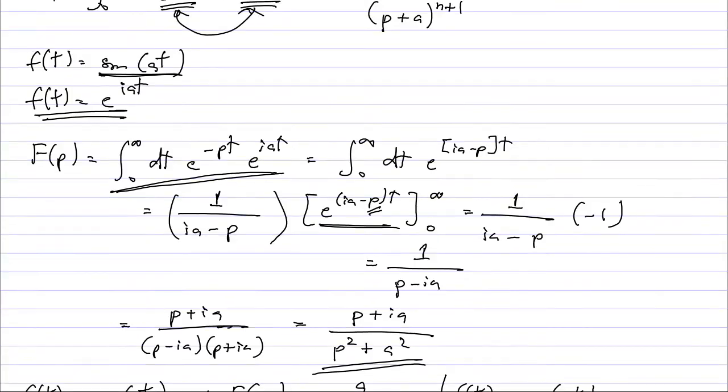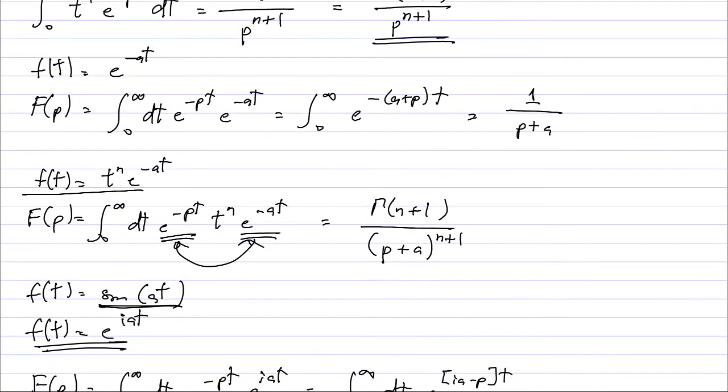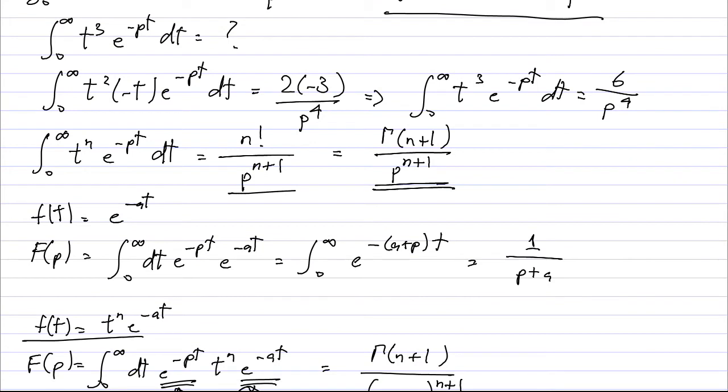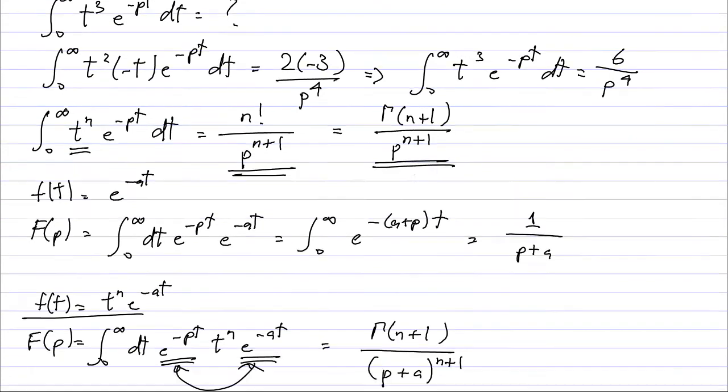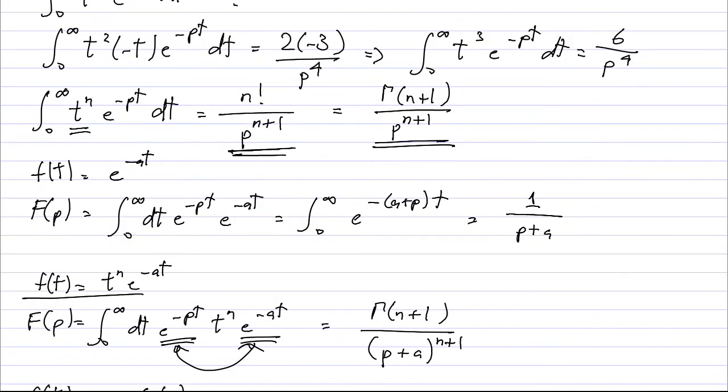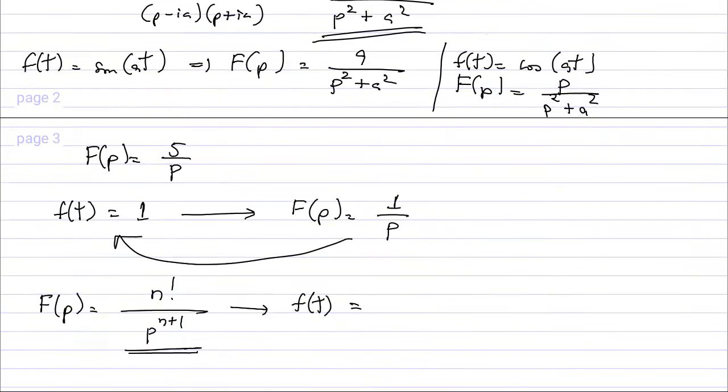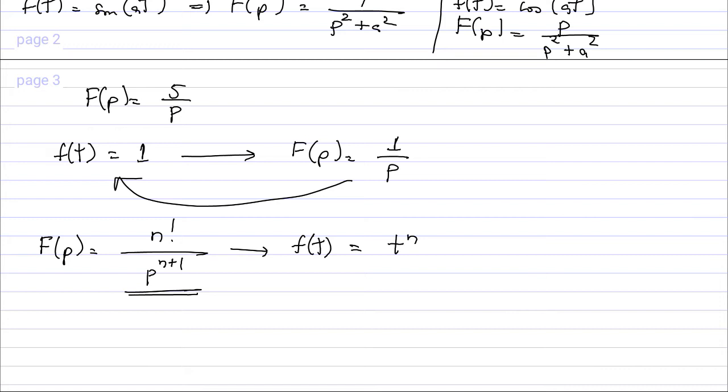I think we have already done that. You're dealing with t raised to power n. If somebody says that the Laplace transform is simply 1 over p raised to power n plus 1, never mind, this is just a constant, and then you can accordingly adjust f of t.